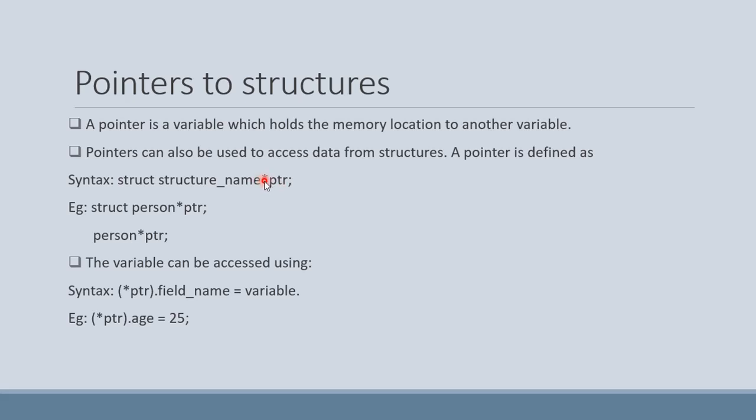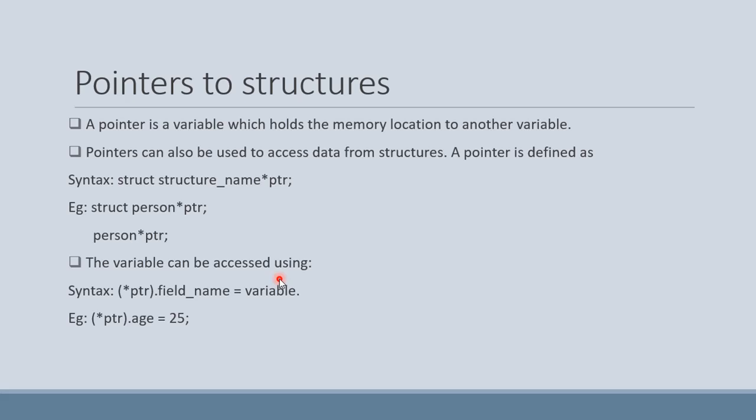Whatever comes after the star sign will be identified as the name of the pointer. So for example, I can say struct person star pointer, or I can also use person star pointer. If you have not defined any other variable using the name person, then you can use person star pointer, or else you can use struct person star pointer.